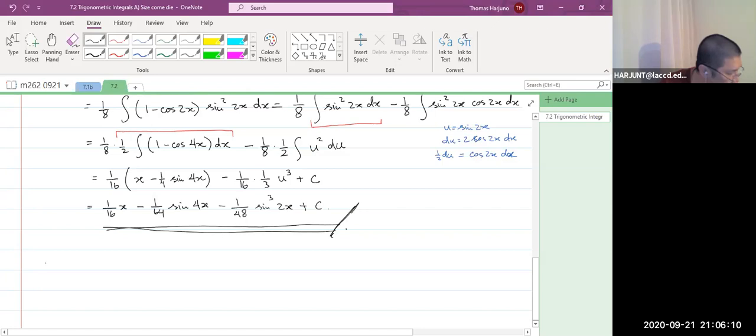It's too easy. Number 8. Integral from 0 to 2 pi of sine squared of theta over 3 d theta.